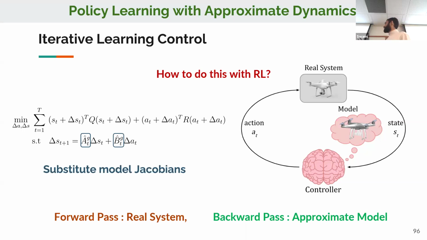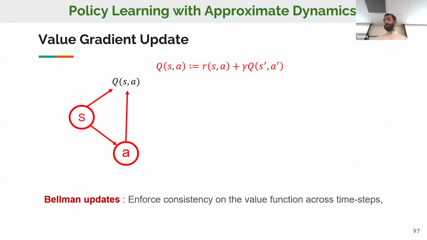And so what we'd want to do is generalize this insight that we get from ILC to a broader class of policy learning problems, for example, within reinforcement learning, to generalize to a broader class of tasks. And so the specific contribution we make here is to propose the value gradient update.